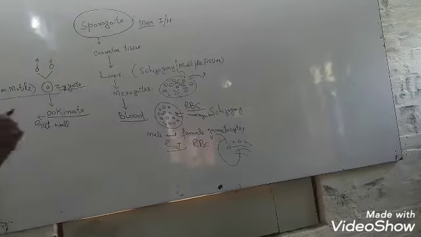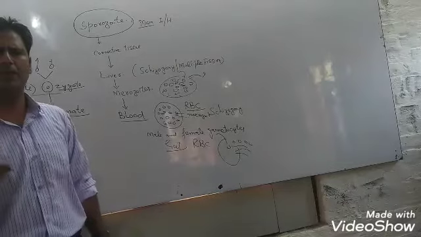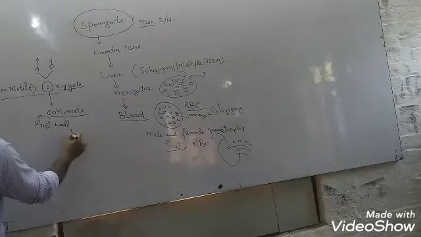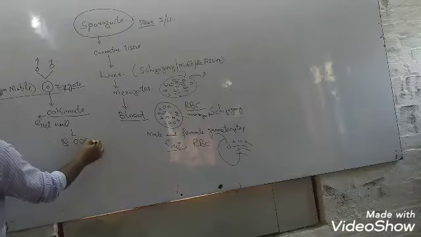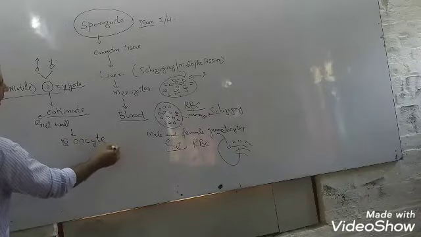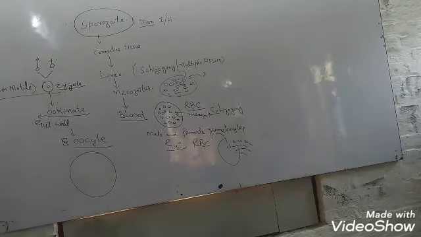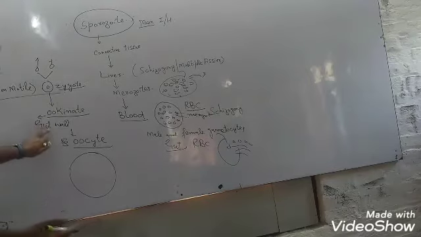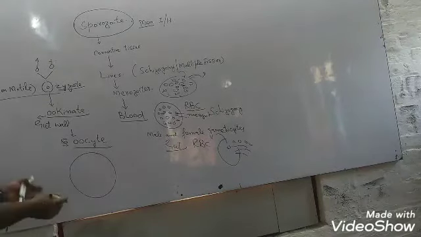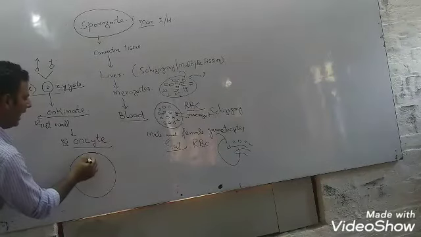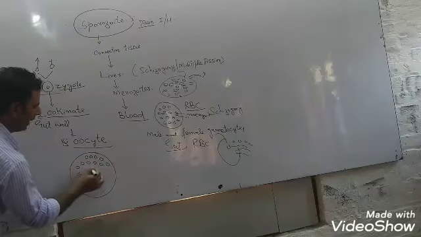Once it pierces there, what will it do? It will multiply and form an oocyst. What is this oocyst? By virtue of repeated divisions in the gut wall, this oocyst will be a structure which has a membrane and contains a large number of sporozoites.